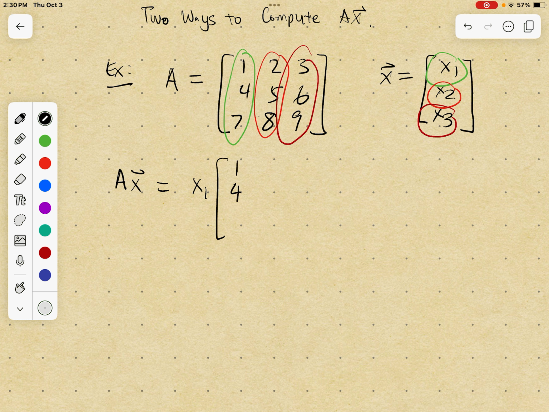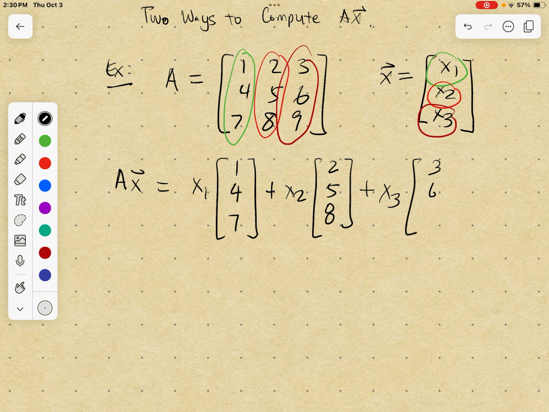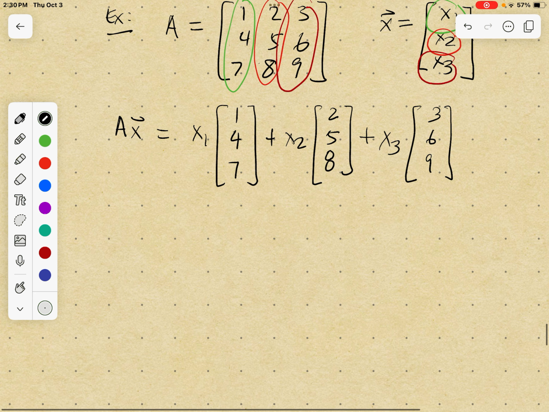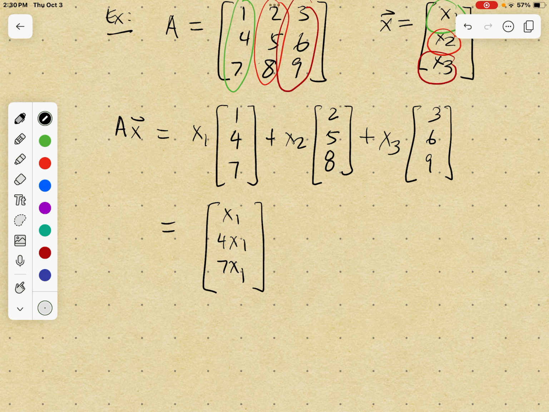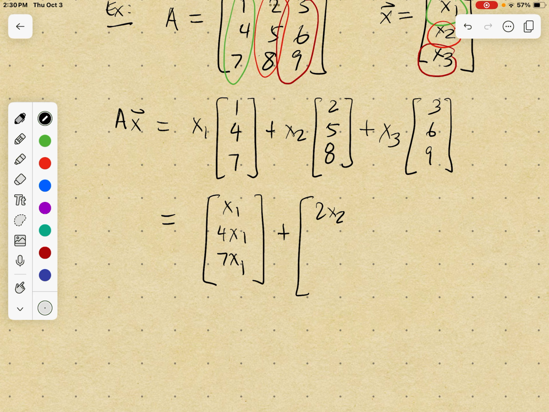So x1 times 147 plus x2 times 258 plus x3 times 369. And remember the way you define a scalar times a vector is you scale each of the components. So this is going to be x1, 4x1, 7x1, plus 2x2, 5x2, 8x2, plus 3x3, 6x3, 9x3.